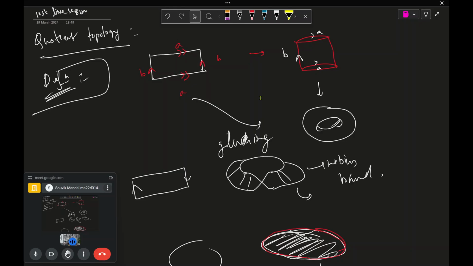So we have an equivalence relation on the rectangle, and under the equivalence relation, (0,t) is identified with (1,t), and here also this part and this part are identified, so (s,0) is identified with (s,1). After doing this identification, this is the torus we think.